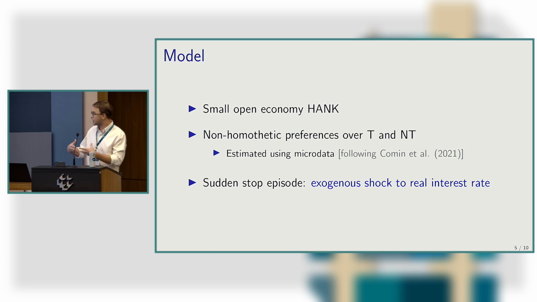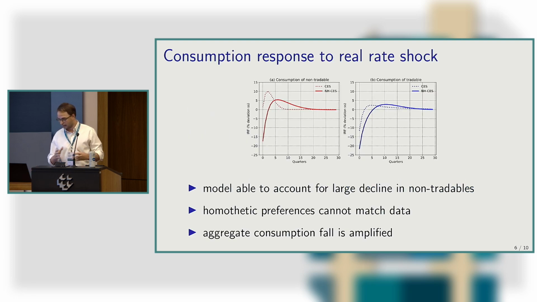And then he uses the calibrated model to study a sudden stop episode, focusing on the Mexico episode, and modeling the shock as an exogenous shock to the international real interest rate. And finally, these are also the main results of the model.